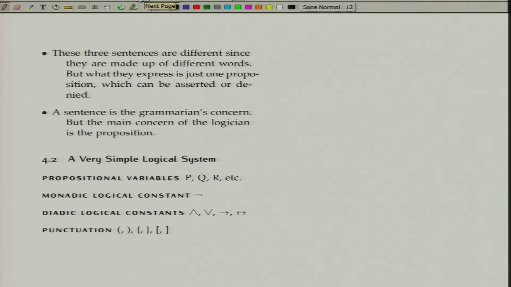And as I already said, a sentence is the concern for a grammarian, whereas the proposition is the main concern for a logician. So the logician would completely ignore the differences between the sentences we already mentioned, like he is useless, or Ram is useless, or I am useless, or you are useless.